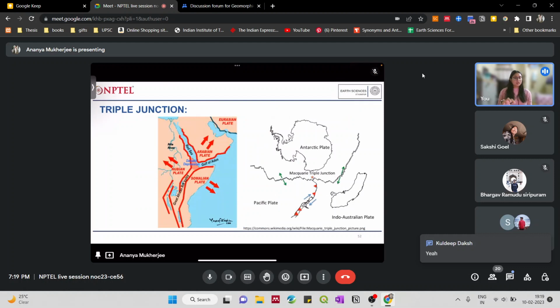So this is a geological, the real example of triple junctions. As I said, you can see that all these are moving away from each other. So this is an ocean opening, ocean opening, ocean opening. Okay, Africa splitting apart, somebody had mentioned previously in the chat.